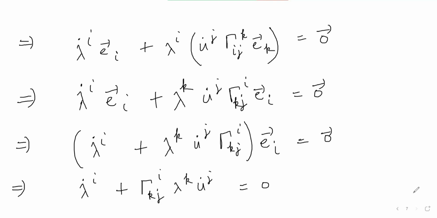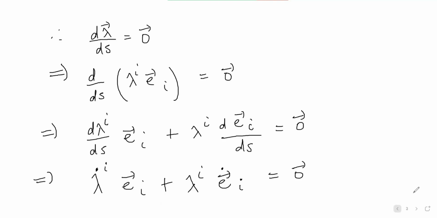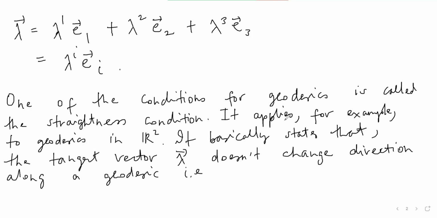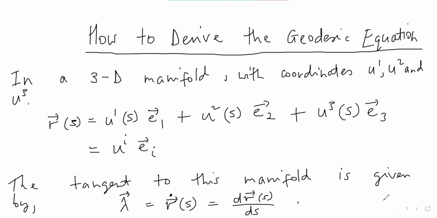It's the derivative of the position vector with respect to the arc length. Let me go back to the first page where we stated that lambda is equal to r dot s. So you can express the tangent vector as r dot s, the derivative of the position vector with respect to the arc length.